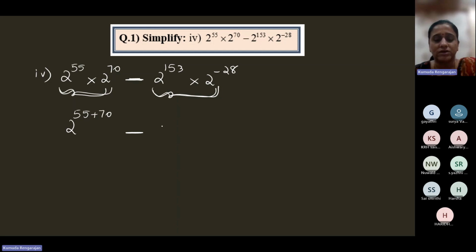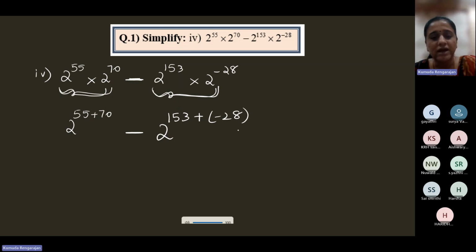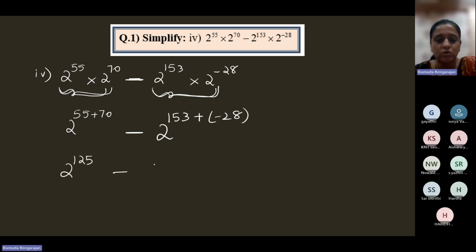So write the base 2 and add the powers: 153 plus minus 28, or you can directly write 153 minus 28. Next step, 55 plus 70 is 125, minus 2 to the power 125, because 153 minus 28 is also 125.